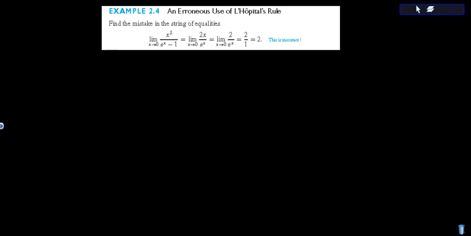For example, find the mistake in the string of equalities. In this example, we have the limit of x squared over e to the power x minus 1 as x approaches 0.